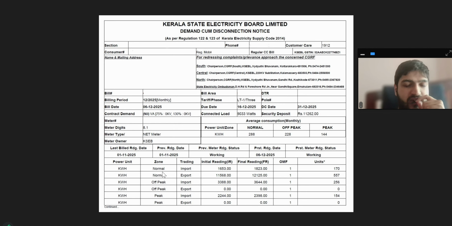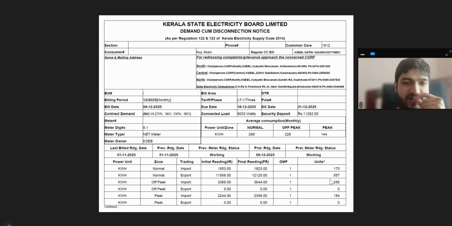Here you can see during normal time zone, since it is solar hours, the export will be more than the import. So as the solar system is sufficiently sized, the export will be more than import. So once the present consumption requirements of the house are met, the excess solar energy produced by the solar panels is sent to the grid.